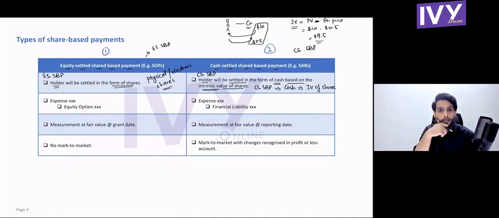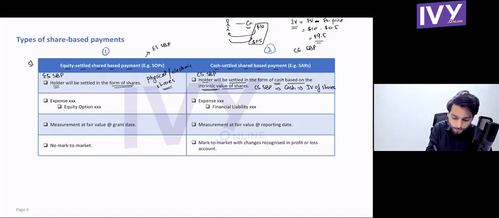In your exams, the examiner doesn't write that this question is for ESSBP or this question is for CSSBP. It doesn't distinguish like that. What your examiner actually does, and it reflects the market pattern as well, is that whenever there is a question of ESSBP, that is equity settled share based payment transaction, the examiner mentions transactions in the form of share options, or I call them SOPs.